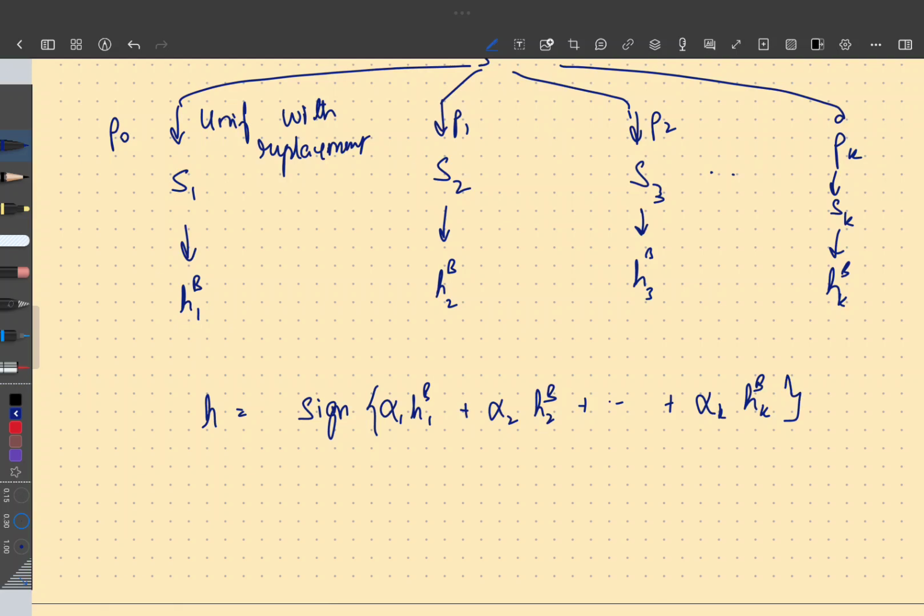I mean not for all alpha i's. Can you choose some values of alpha such that this function is the majority? Okay, I think so.